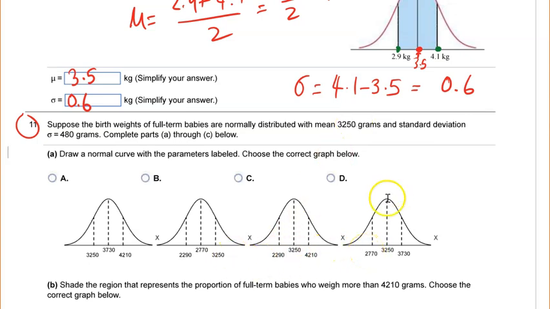These two have 3250, but you have to find the correct graph with the correct standard deviation. The standard deviation is 480, and if you add 480 to 3250, you get 3770. Therefore, D is the right answer.